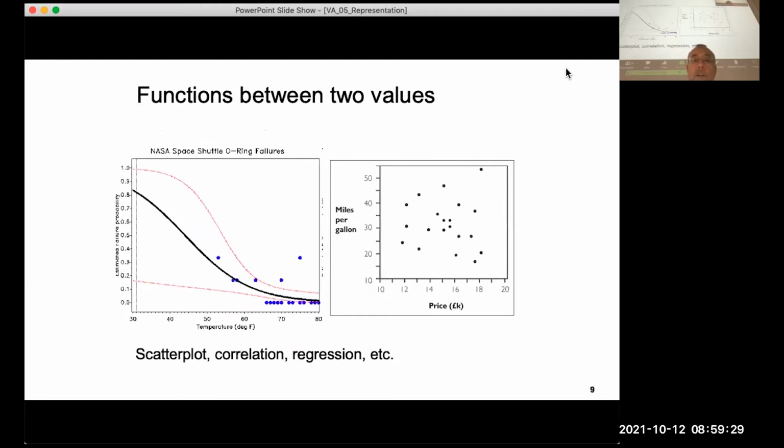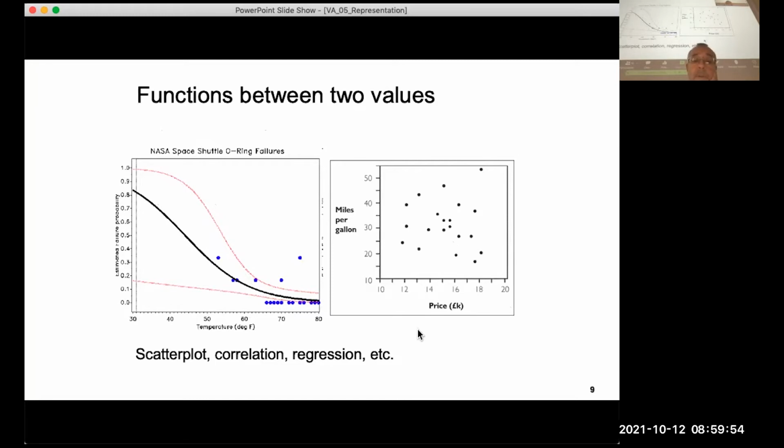What about a function? A typical way is representing a line, as you know from your studies. This is a very classical way. Maybe with some confidence interval, that in this case was a regression, and you have the idea of how precise your story is. Or you can use a scatter plot.